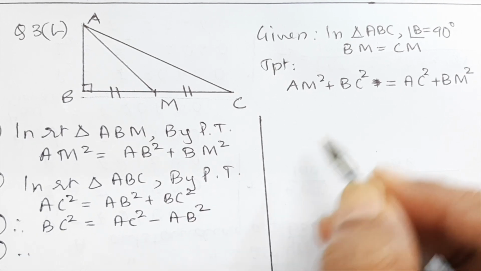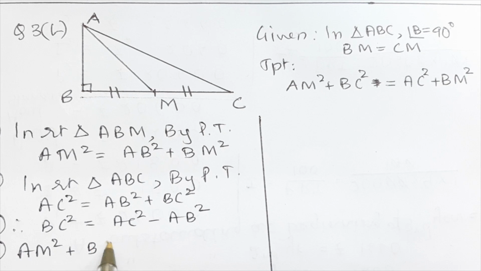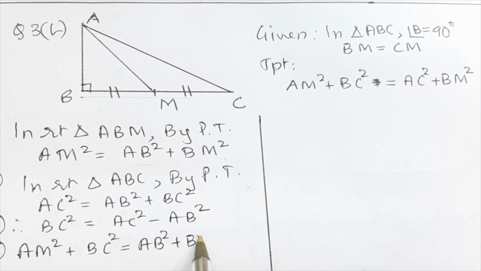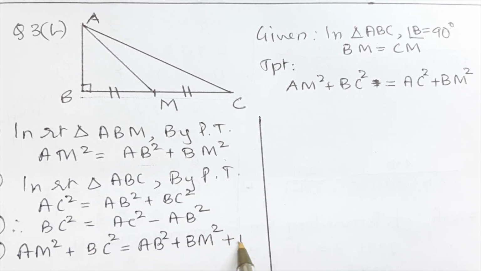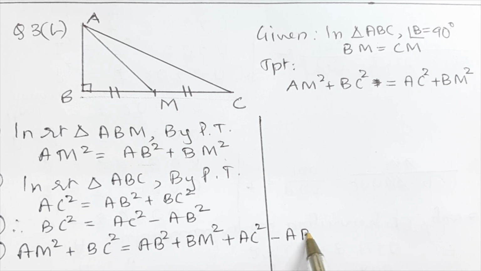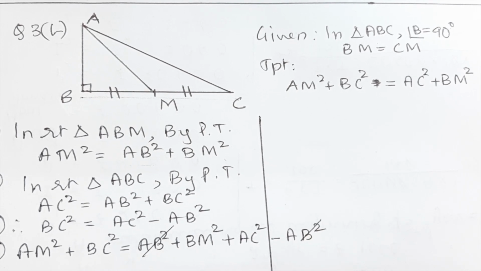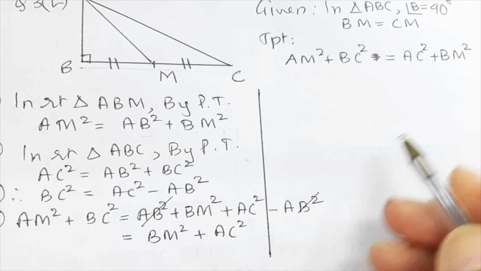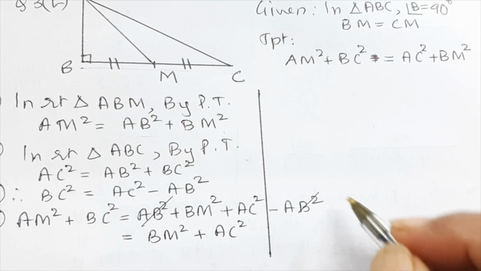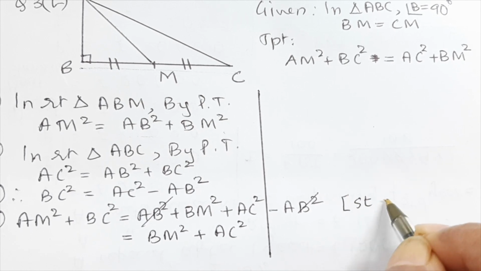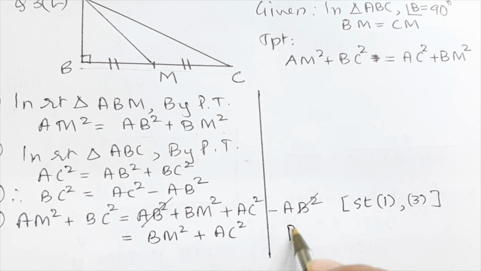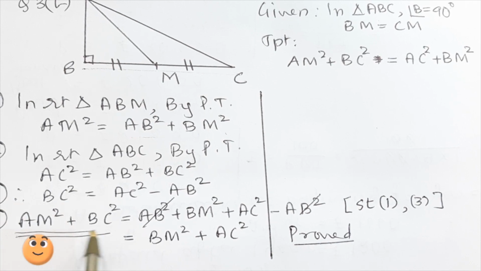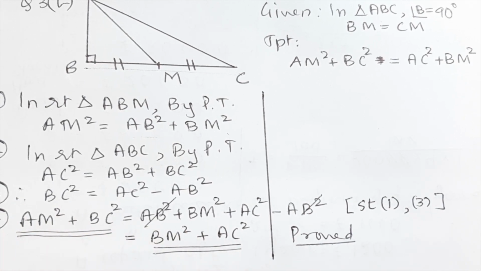Statement number 4, we will take AM square plus BC square will be equal to AM, which is AB square plus BM square, plus BC square, which is AC square minus AB square. Which is equal to BM square plus AC square. Isn't that what we needed here? So this will be from statement 1 and 3, and this is where we say we proved AM square plus BC square is equal to BM square plus AC square.